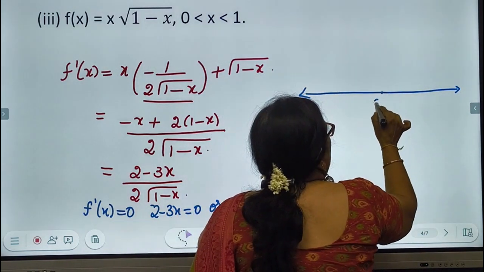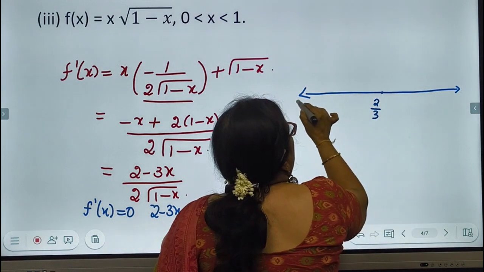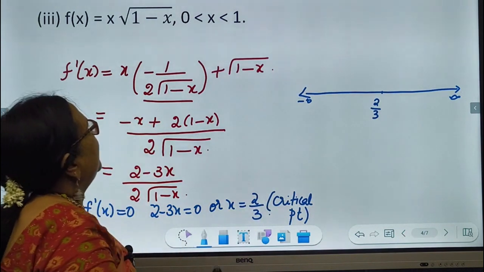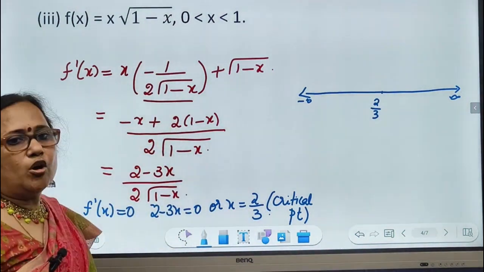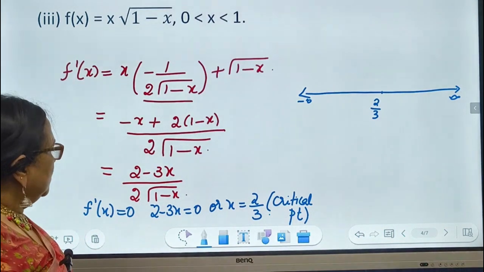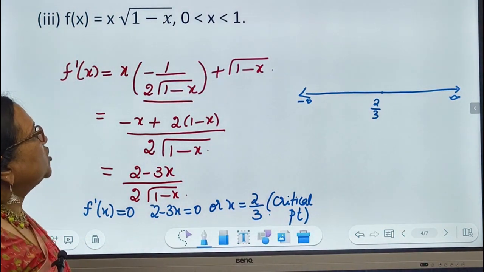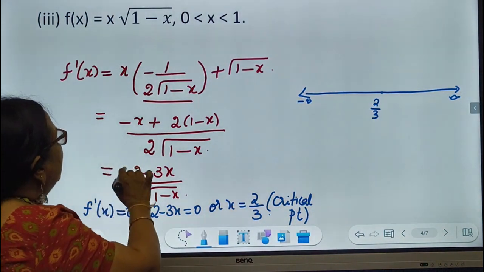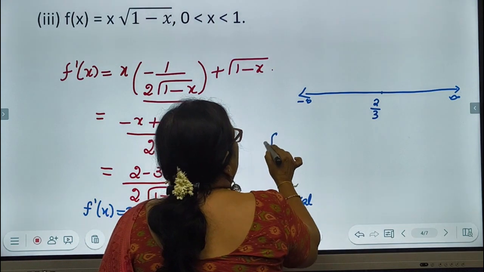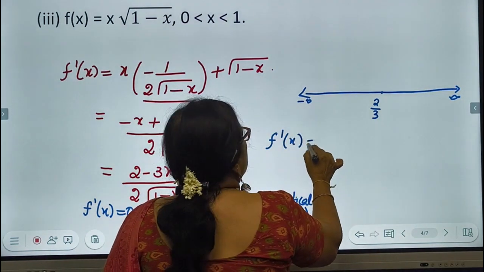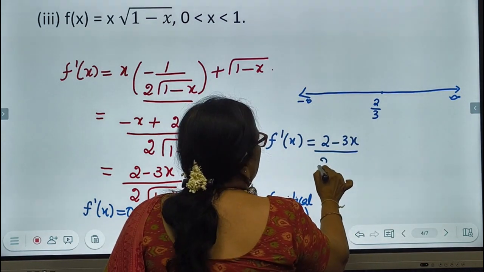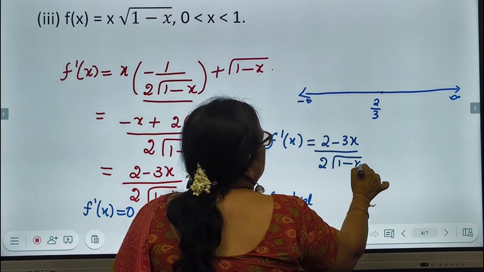So I have x equal to 2 by 3. In fact, I can look at minus infinity to infinity, and then I can very easily talk about 0 less than x less than 1. To the left of x equal to 2 by 3, if I substitute, what will I get in f dash of x? We know that f dash of x is 2 minus 3x by 2 into root of 1 minus x.